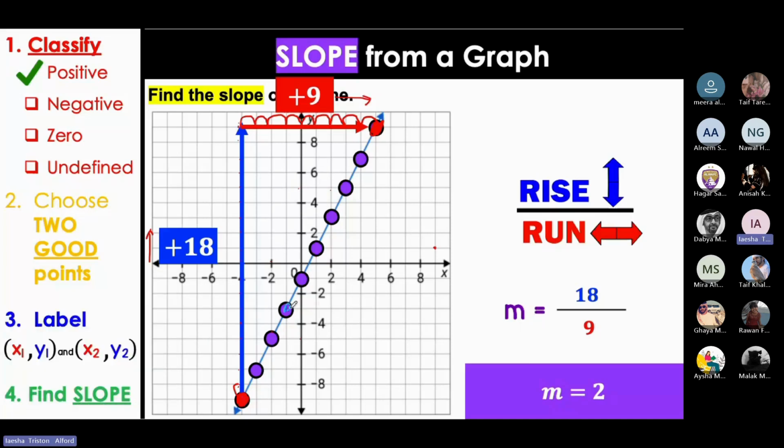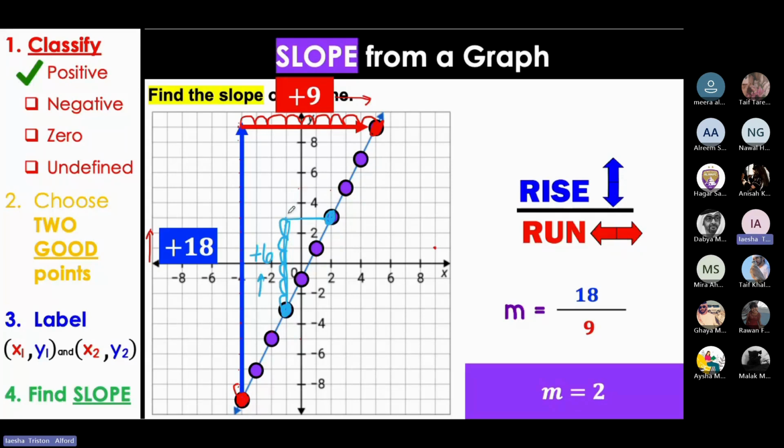What if I choose this one and I'm choosing this one? How do I get there? I'm going to go up. And then I'm going to go right. So then I have to just count. So 1, 2, 3, 4, 5, 6. My rise is positive 6 because I went up.